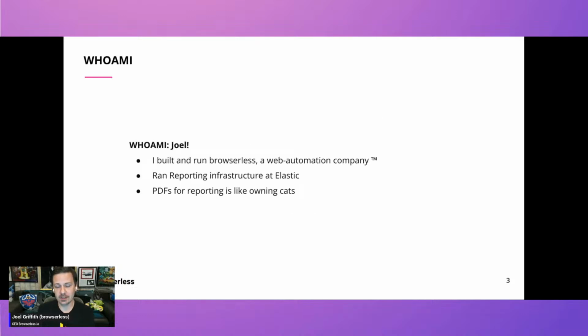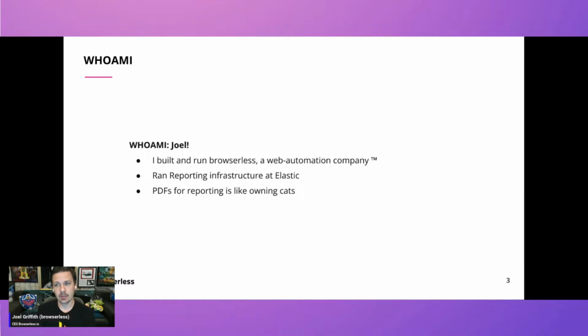So yeah, like I mentioned, I am Joel. I run Browserless. Browserless is a web automation company, TM. So what does that mean? We run headless browsers for numerous tasks. A lot of it is data collection, aggregation, but a big part of it is also PDF generation and screenshot generation as well. Prior to Browserless, I ran reporting infrastructure at Elastic in their Kibana application.